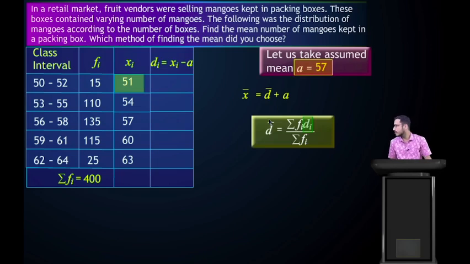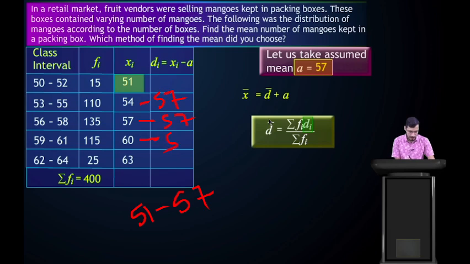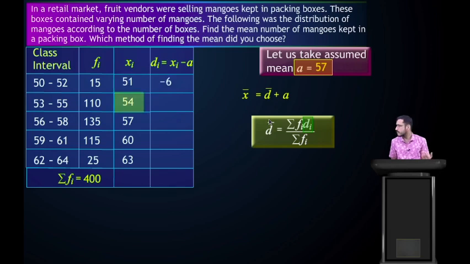So 51 minus 57, that is minus 6. Now 54 minus 57, 57 minus 57, 60 minus 57 and 63 minus 57. That is the basic trick. So 54 minus 57 is minus 3, 57 minus 57 is 0, and then 3 and 6.